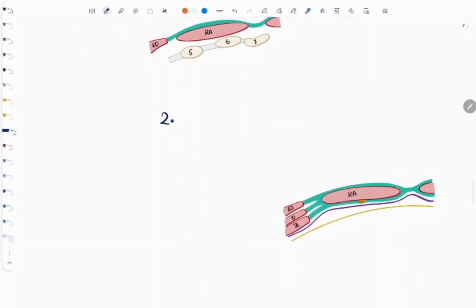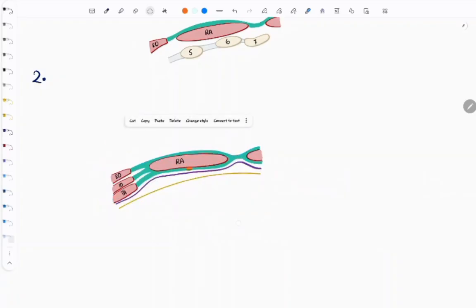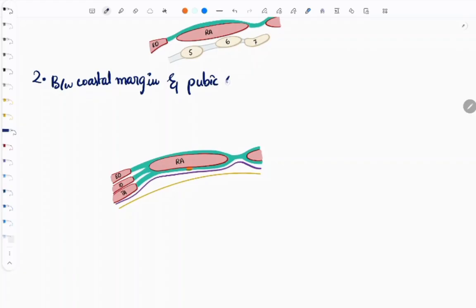Moving on to the next level, level 2, which is between the costal margin and pubic symphysis.